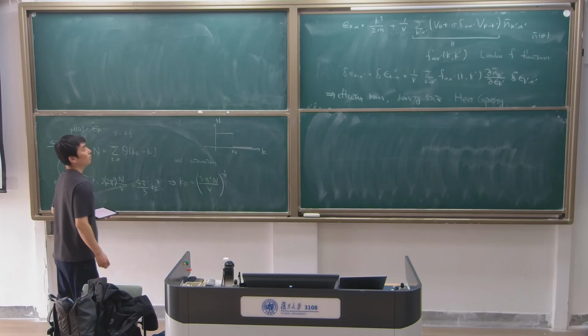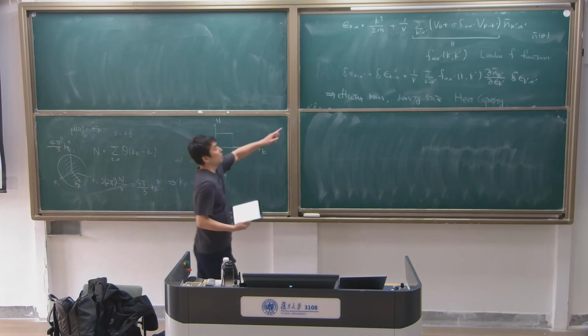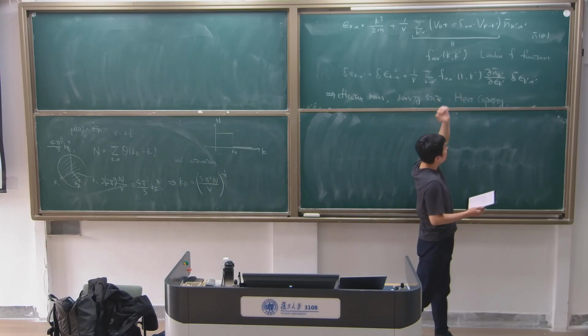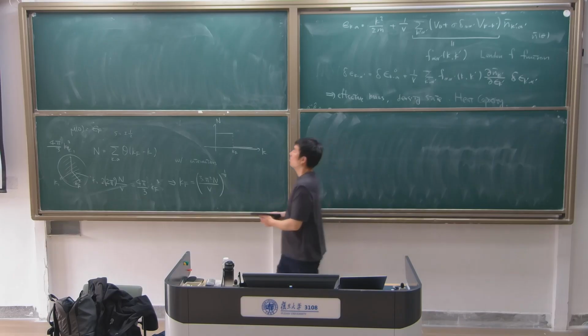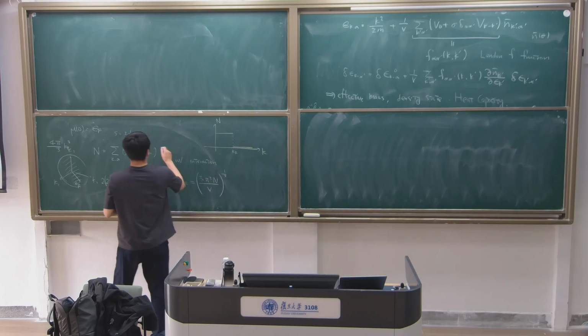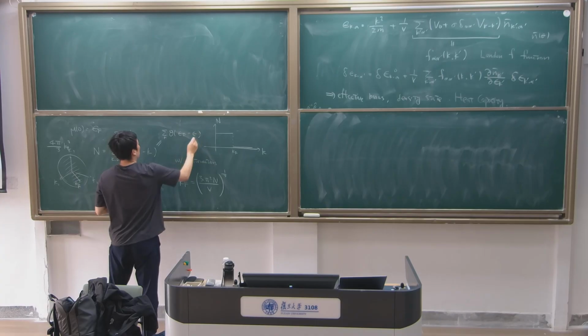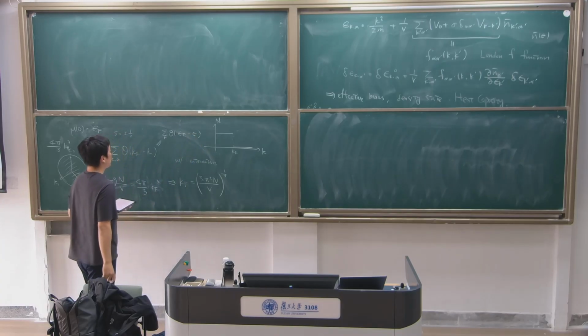With interaction, however, epsilon k will be modified. Epsilon k will be modified by this interaction term. Now, one can write this as equal to h-bar squared k squared over 2m. Like this one, you can just say.